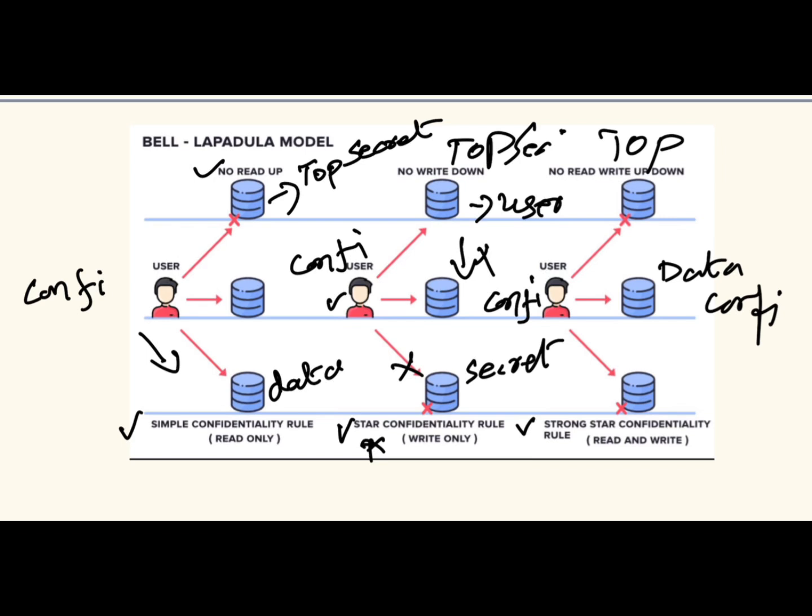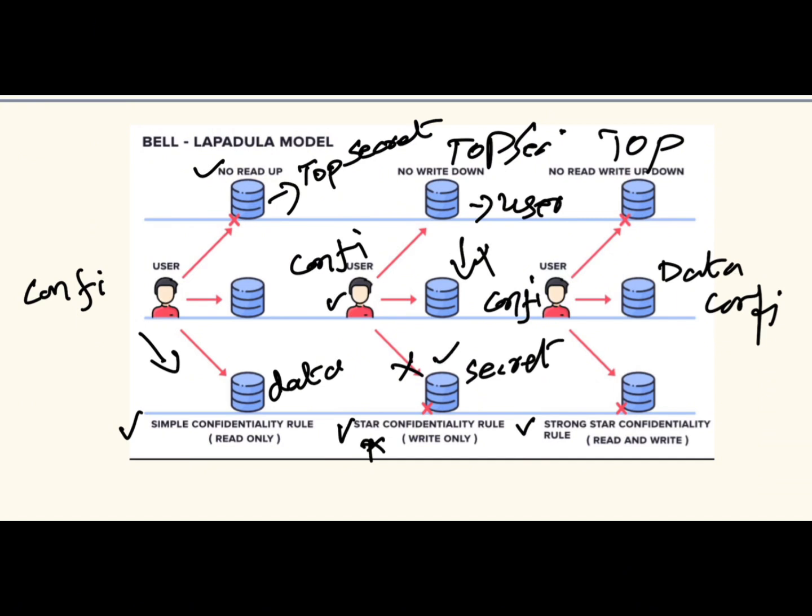Let me conclude one more time. Simple security rule: no read up, as you can see in this image. A user cannot read data at a higher classification level. Star security rule: no write down.